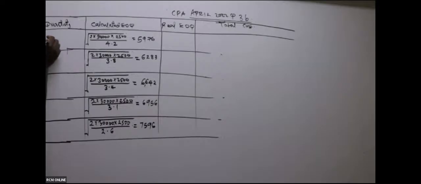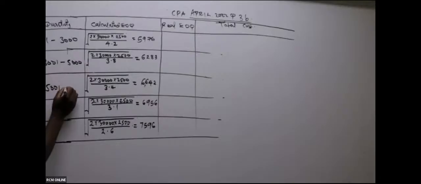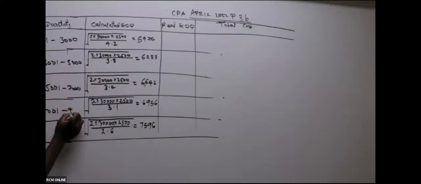We have 1 to 3,000, 3,001 to 5,000, 5,001 to 7,000, 7,001 to 9,000, and 9,001 to 10,000.